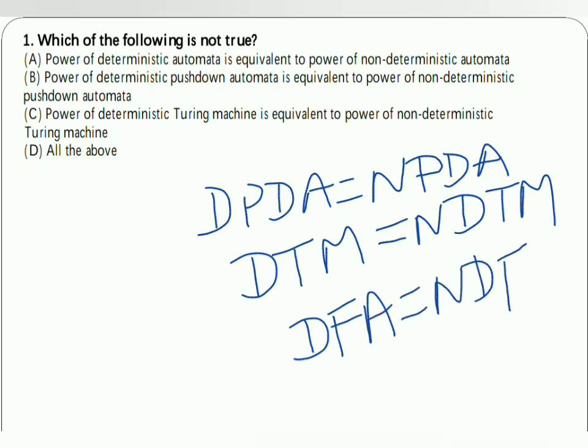So which of the given options are not true? That means we have to find out which of them is false.